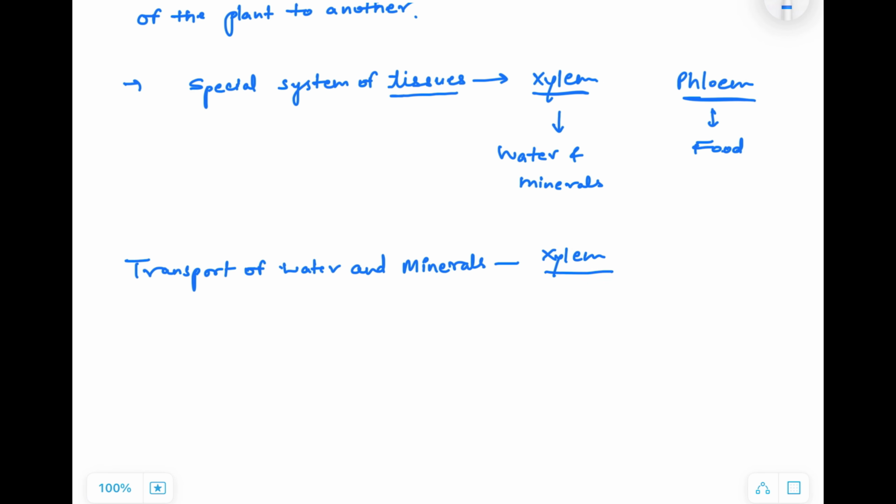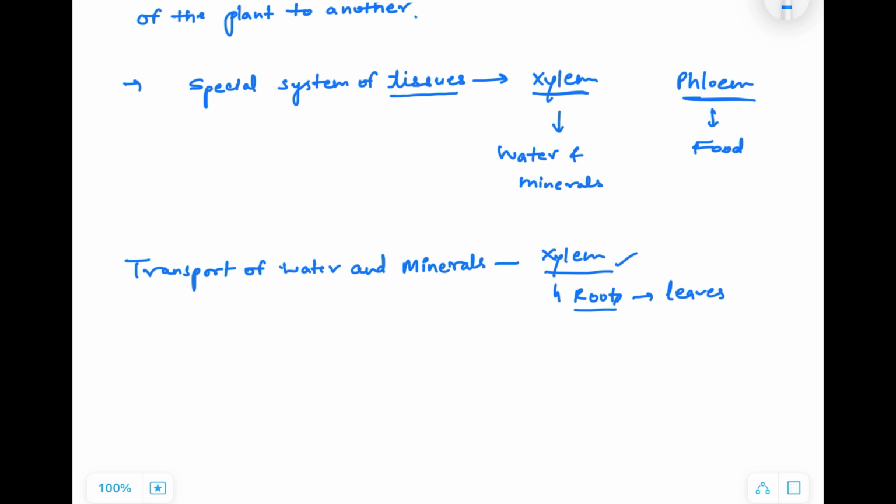Xylem transports water and minerals from the roots to the leaves. We know roots help in absorption of water from the soil, and how this water reaches all the other parts of the plant with the help of xylem.